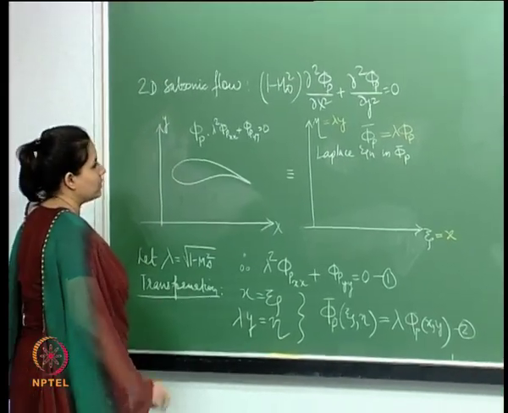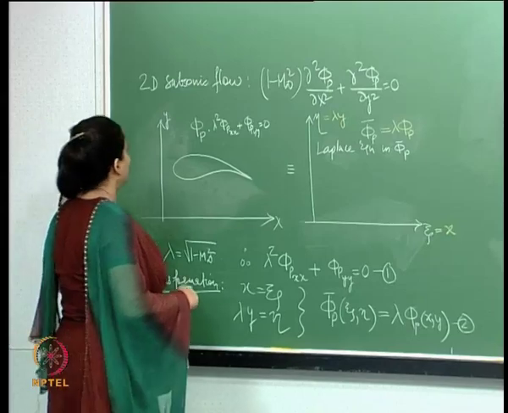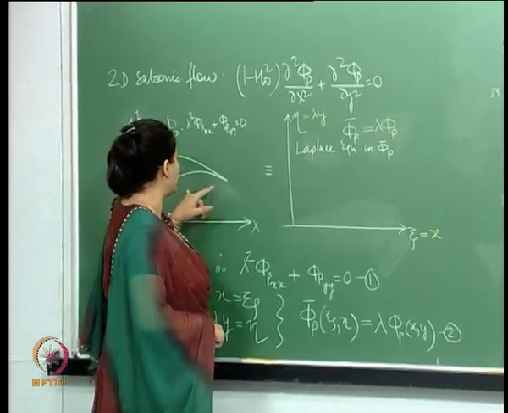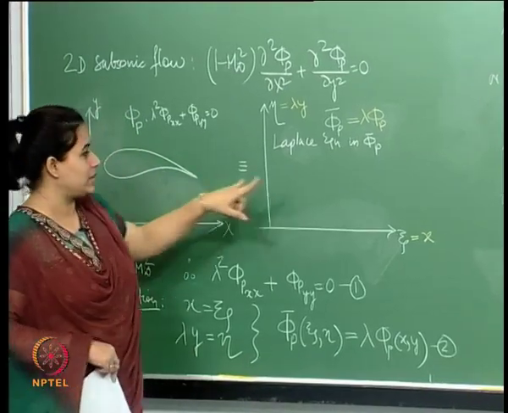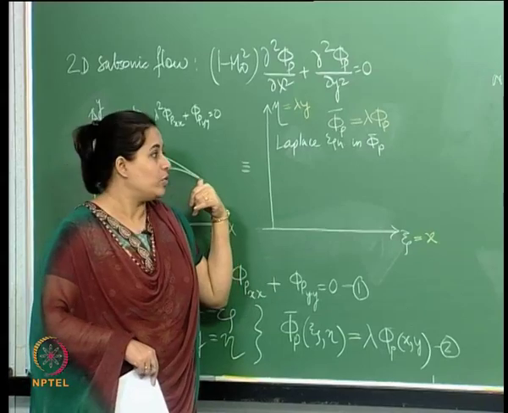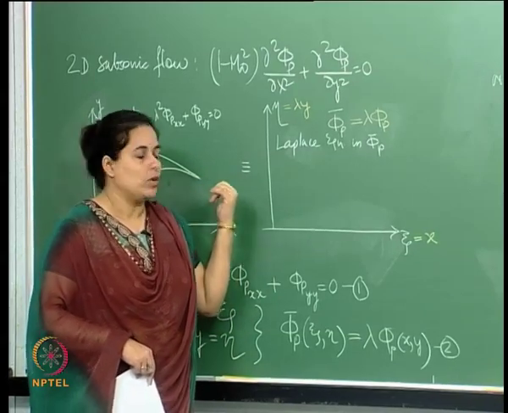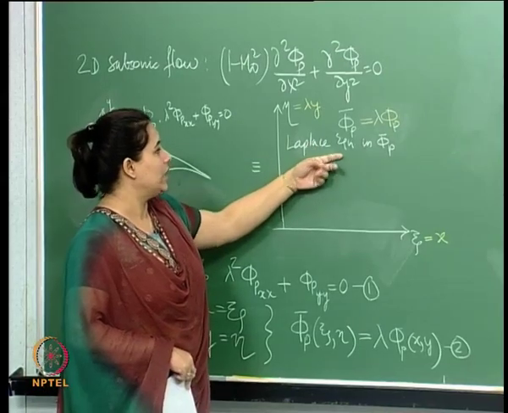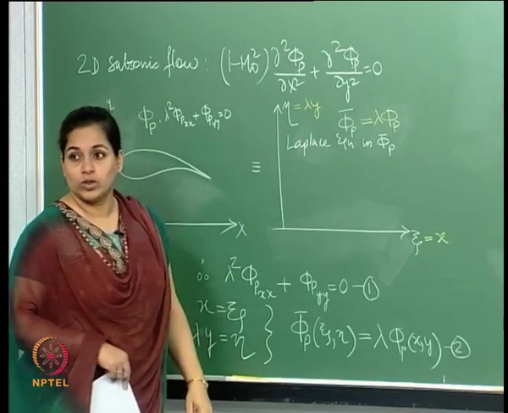Having got that out of the way, the next question to answer is, what happens to my airfoil? Does that become a square or a cylinder, or what happens to that? What kind of shape is it? Because the equation has transformed itself to the Laplace equation, which is great.